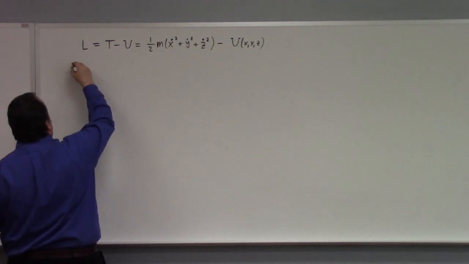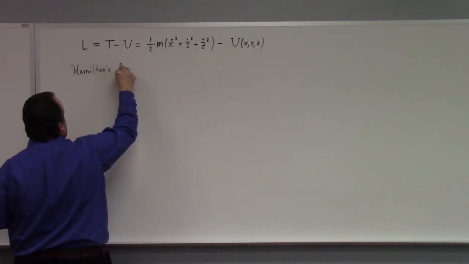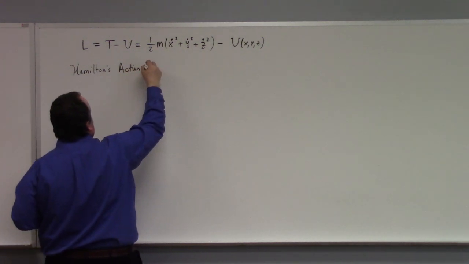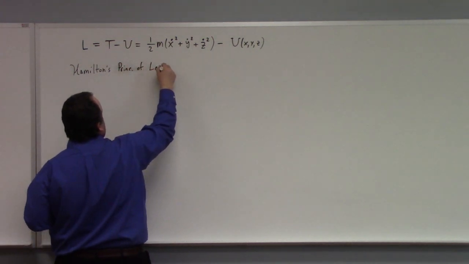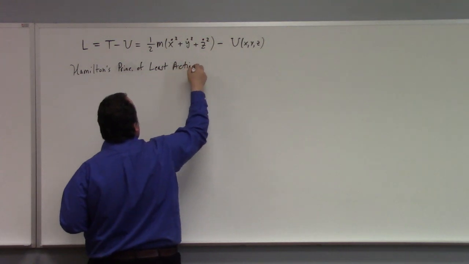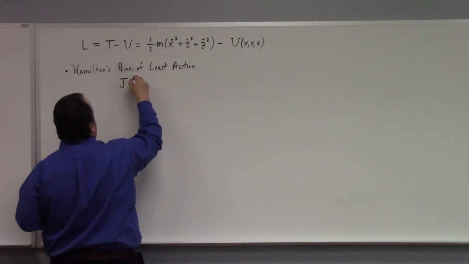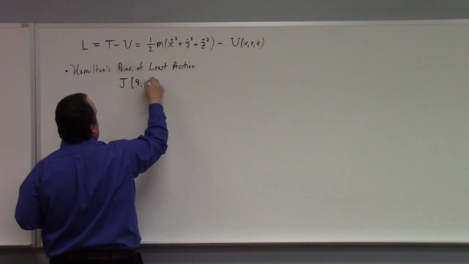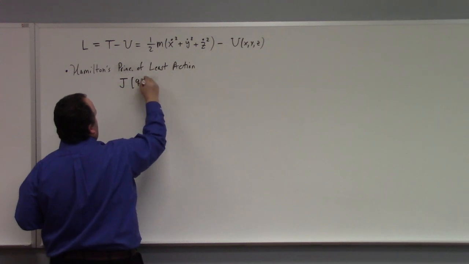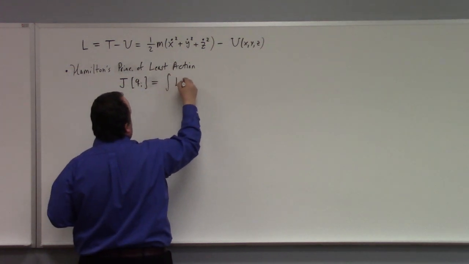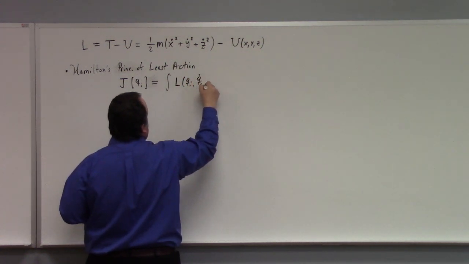There's something called Hamilton's action principle, Hamilton's principle of least action. All right, so we look at J of Qi and Qi dot. Let me just say J of Qi is equal to the integral of the Lagrangian over time.